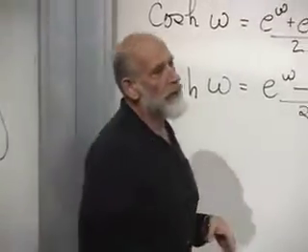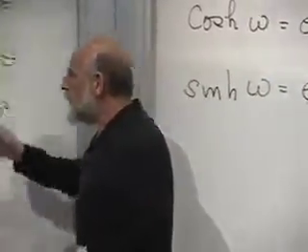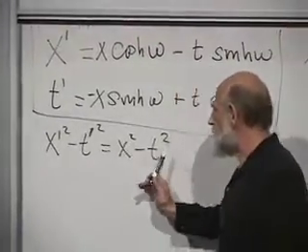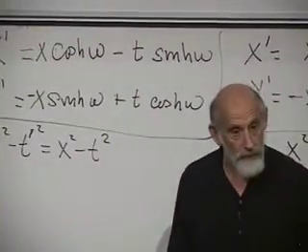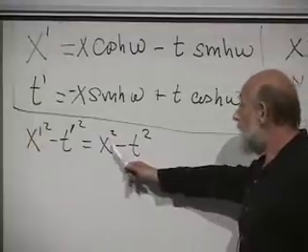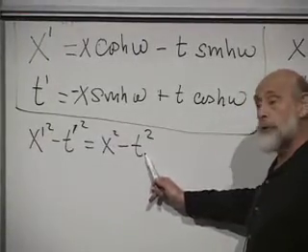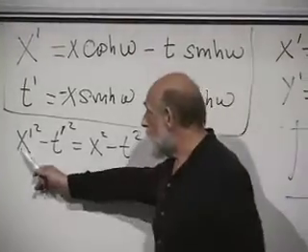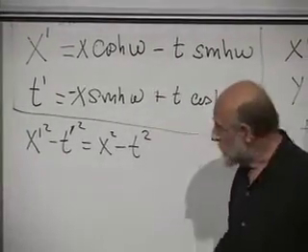Let me remind you why we were looking for it. If we find a transformation for which the left-hand side and the right-hand side are equal, then if x squared equals t squared, in other words, if the right-hand side is 0, the left-hand side will also be 0.